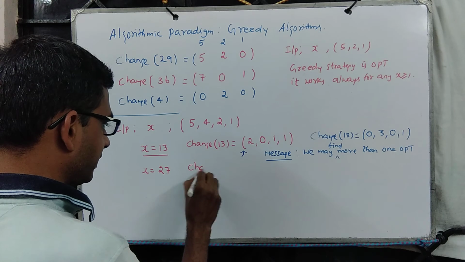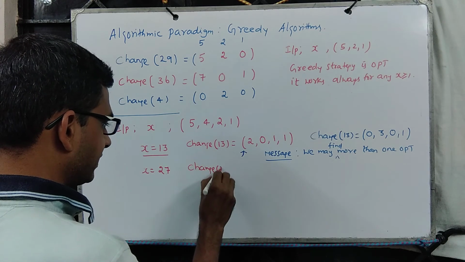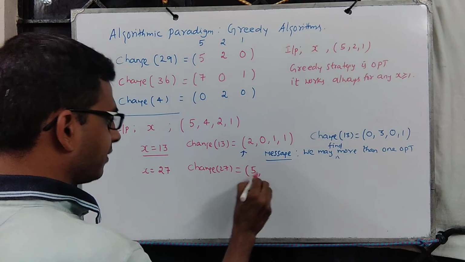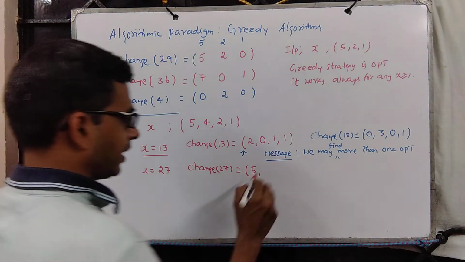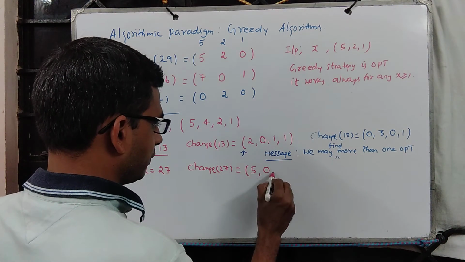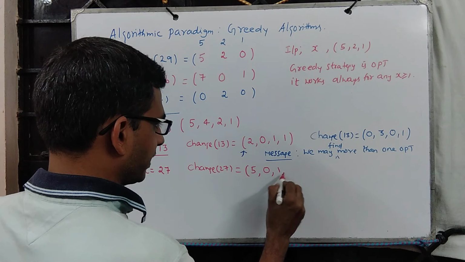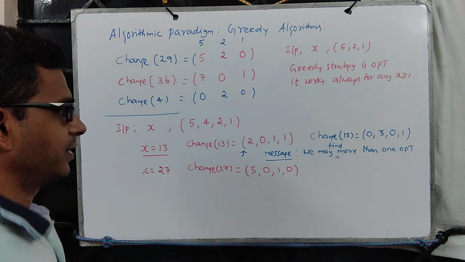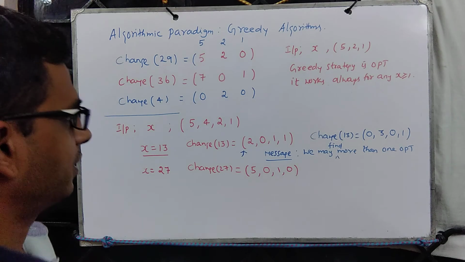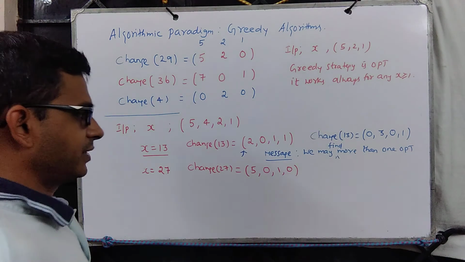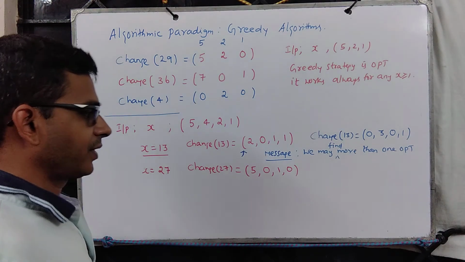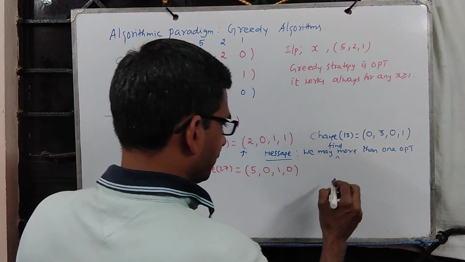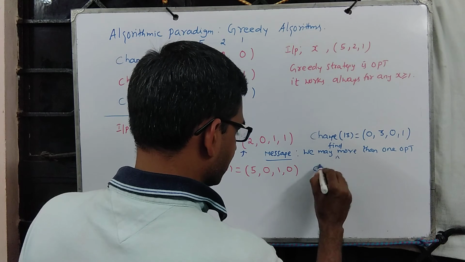So now, change for 27. Our strategy says you give five 5s, and then zero of this, one of this, and zero of this. Correct? This is all it says. Now for the same one, you may give something like this.